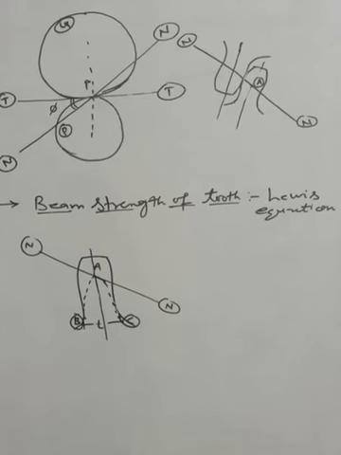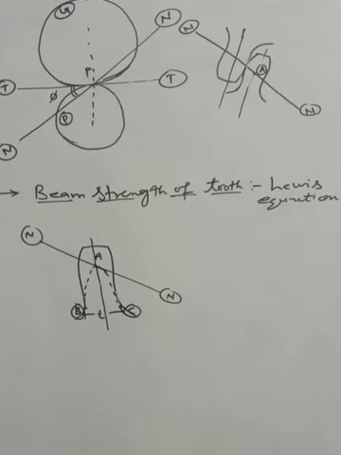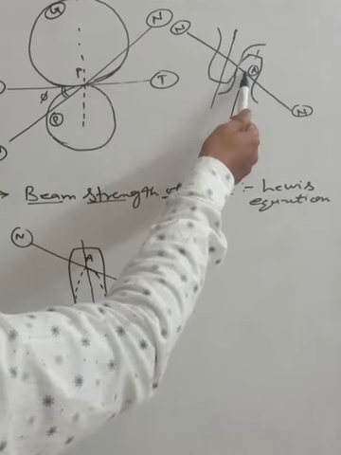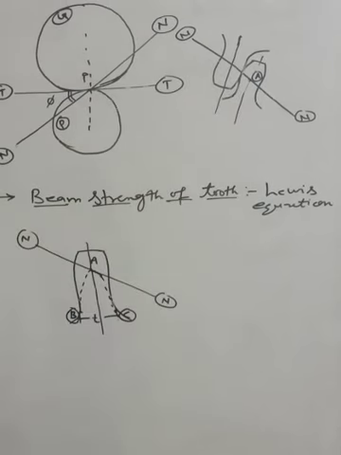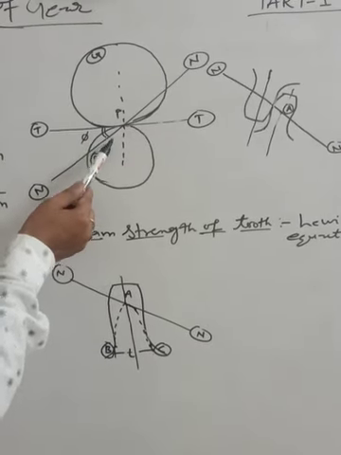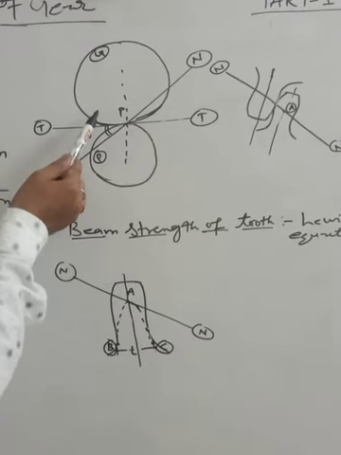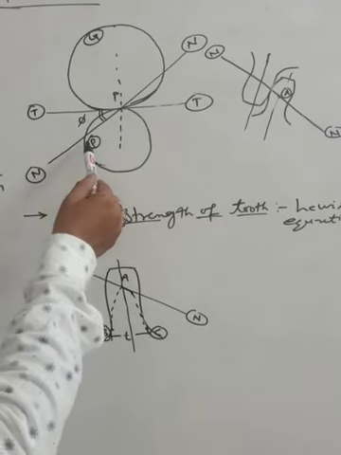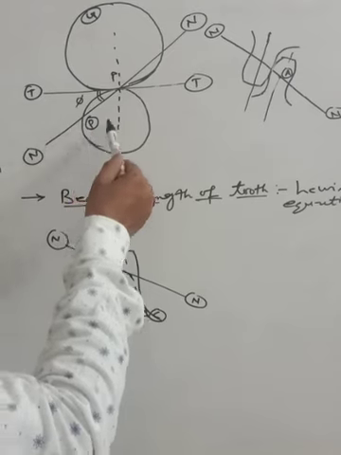That's why Lewis considers only a single tooth to transmit the full load, and if smaller and larger wheels are used, in this case Lewis assumes that only the smaller section is the weakest section.